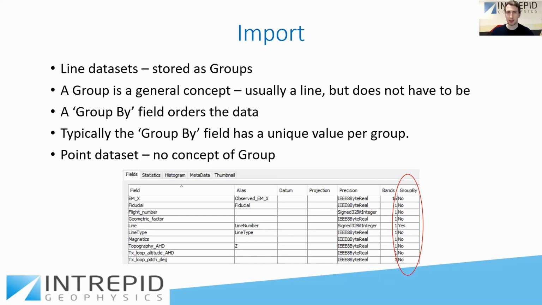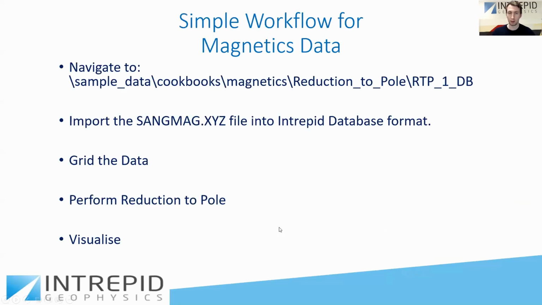With the point data sets, we don't have any concept of grouping, or it's not enforced by Intrepid. And as you can see, in the project manager, under the fields tab, it'll tell you which field you're grouping by. So in this case, it's by line number, which makes sense for a line data set.